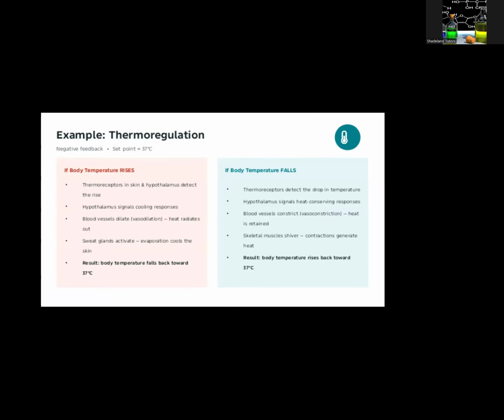I've mentioned the hypothalamus before when we were talking about water and salt regulation. The hypothalamus is a part of the brain that is responsible for regulating salt and water balance, osmoregulation. But it is also responsible for regulating body temperature.